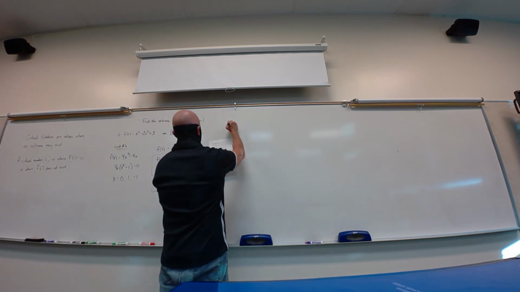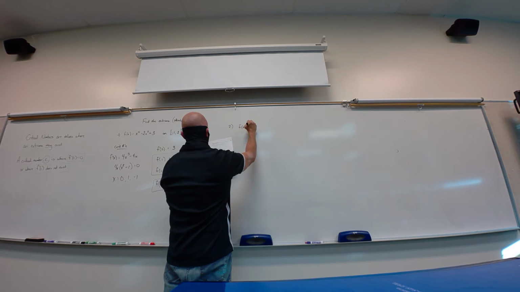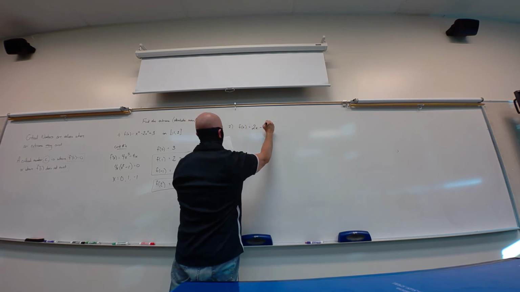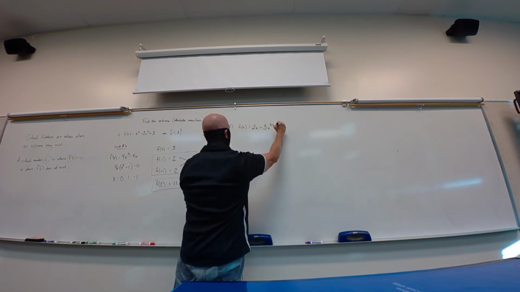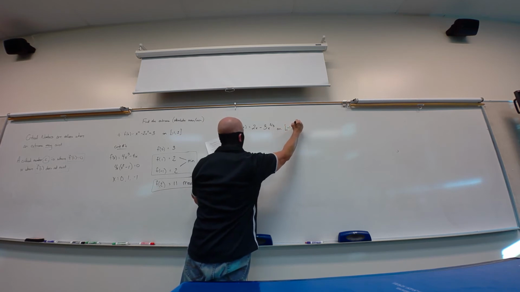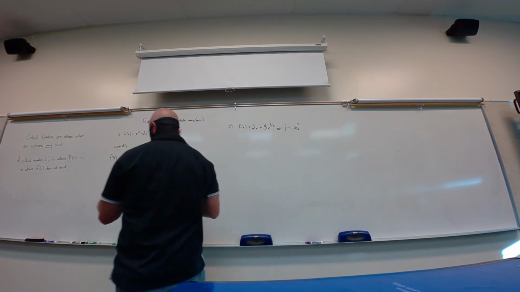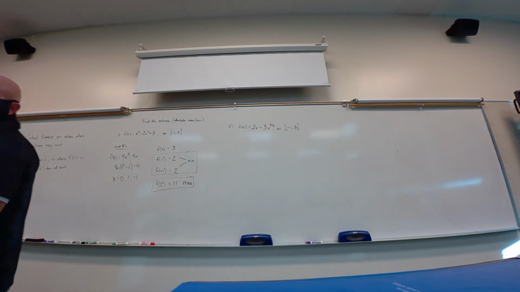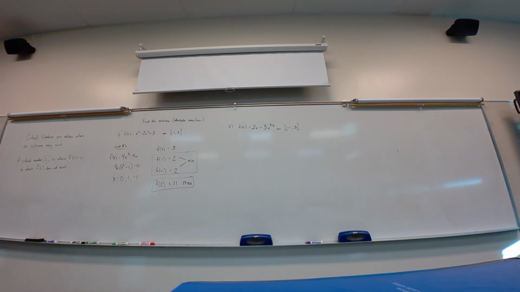Look at this one. Let's go f of x equals 2x minus 3x to the 2/3 on -1, 3. So I've got my endpoints, the -1 and the 3. I just need the derivative to see what produces out of the critical numbers there.